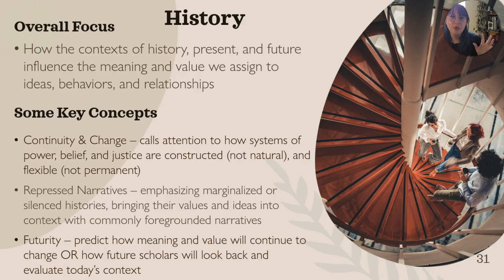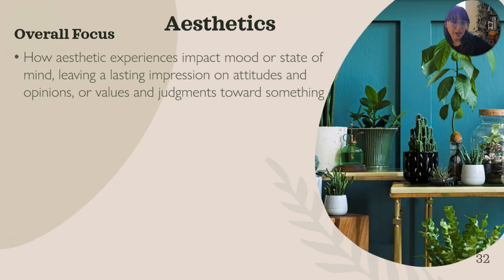And then finally, when we look at aesthetics, the overall focus is how aesthetic experiences can impact mood or state of mind in a way that leaves a lasting impression on attitudes, opinions, values, and judgments towards something. So in other words, based on the way something looks, feels, appears, etc., how does that actually influence our opinions, values, and judgments?